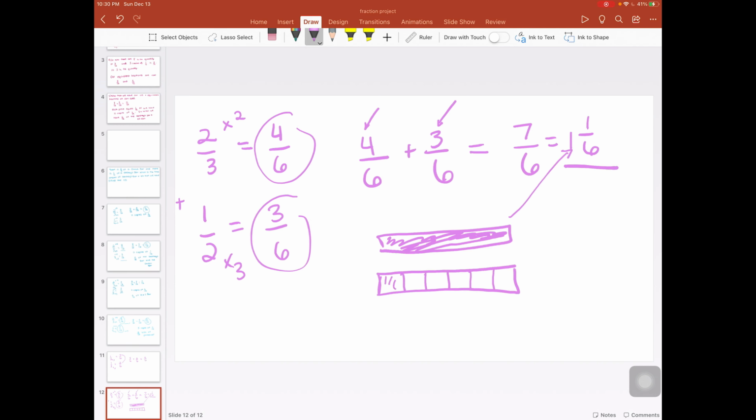And if each piece equals 1/6, and there's 1, 2, 3, 4, 5, 6 equal pieces, only one of them is going to be shaded. So that gives us 1 and 1/6.